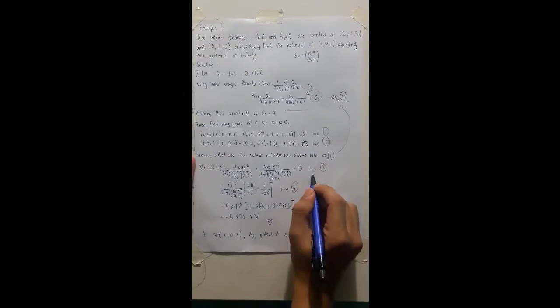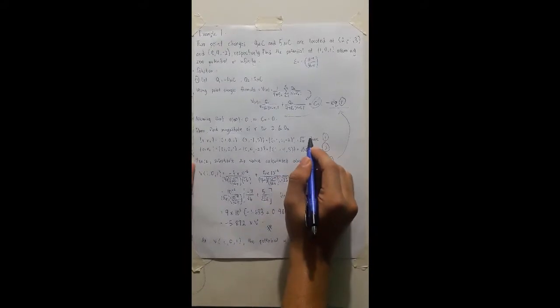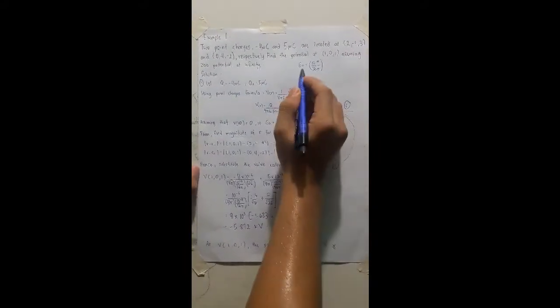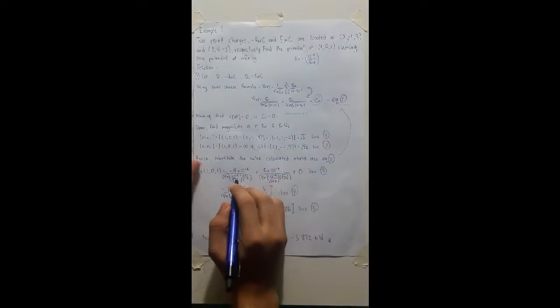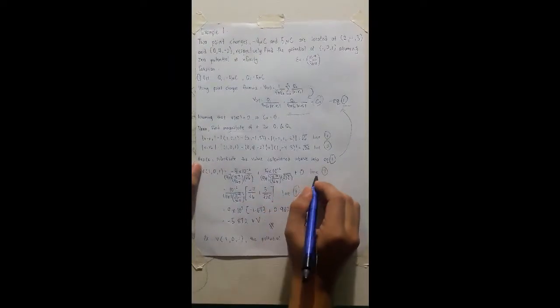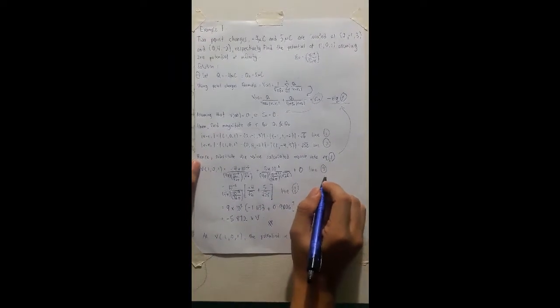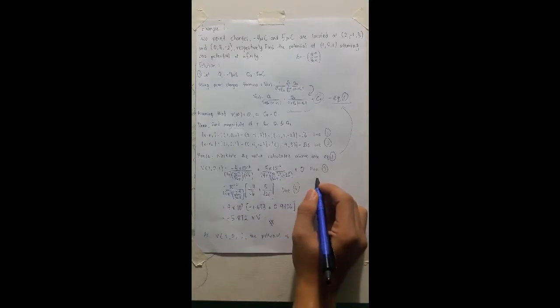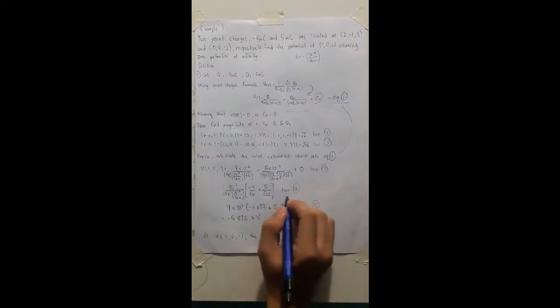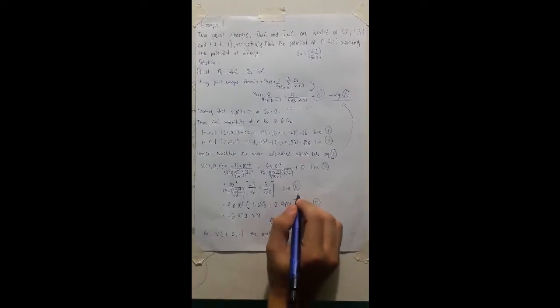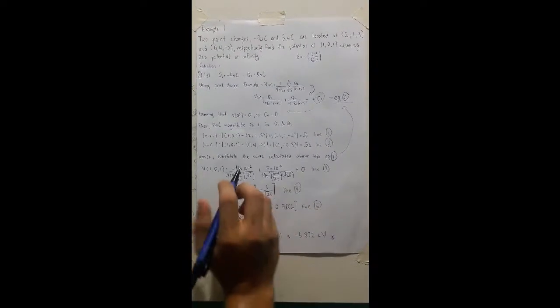We got this line 3 by 6, 26 and epsilon naught. By solving the equation in line 3, factorizing it, we get the equation at line 4.